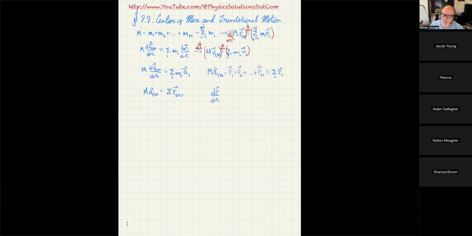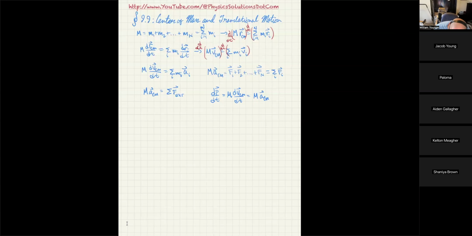So this would be m1v1 plus m2v2 plus m3v3. That's what that capital P represents. And that could, in principle, equal m times d center of mass over dt.